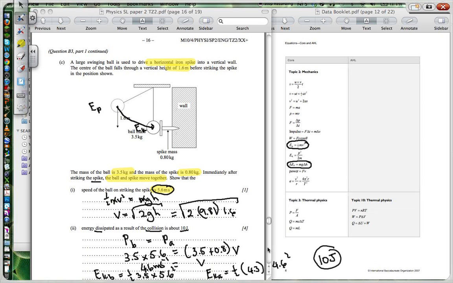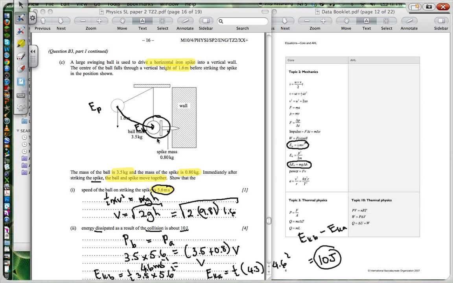When you do this one over here, you subtract your EK before minus your EK afterwards, and you'll get about 10 joules. So whenever you're getting a collision, you can apply conservation of momentum between these two things.